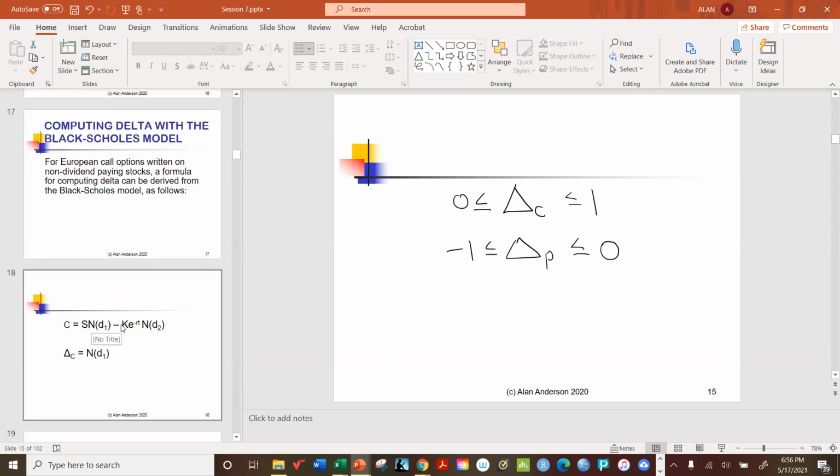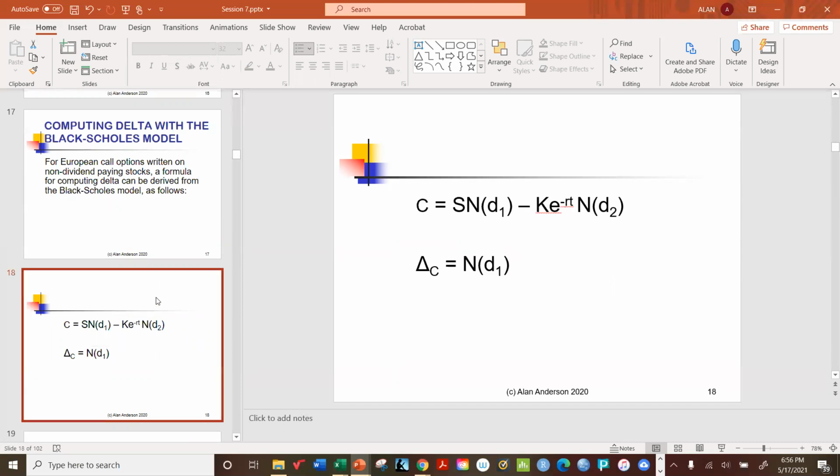Now, how do we calculate the delta? The graph is fine, but it's not telling us how to actually come up with numbers. So if you go back to the Black-Scholes formula and you look at it carefully, you'll see this is the Black-Scholes formula, of course. The change in the call price when S changes.